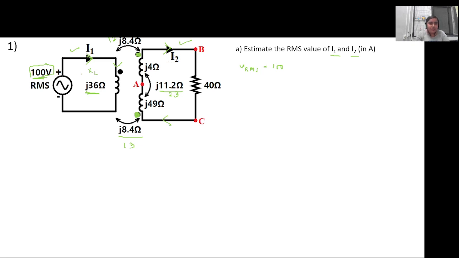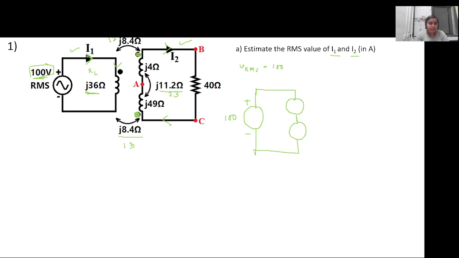Now in the first loop, how will the self and the mutual inductance be? In order to avoid mistakes, you may just write down the voltage drop and then solve the circuit. So there is a voltage of 100 magnitude connected along this coil, and this coil will have a self inductance.